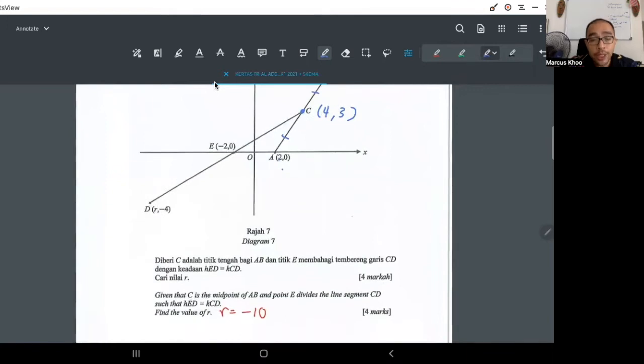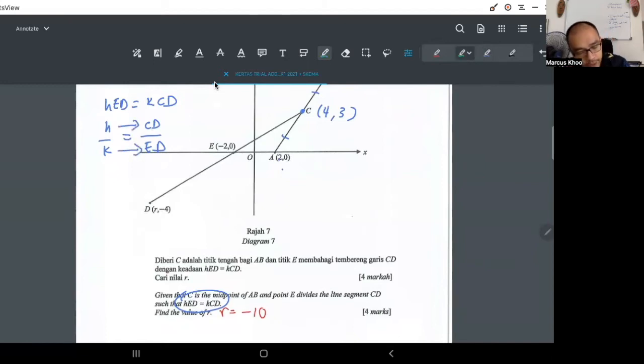Okay, then point E divides the line segment CD with this ratio. HED equals to KCD. Okay, now let me rearrange this. H over K equals to CD over ED. So CD is H and ED is K. Okay, I'm going to write this down.